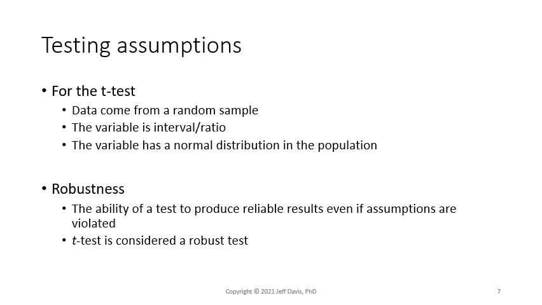So even though your data doesn't meet the assumptions of the test perfectly, maybe they get kind of close, or maybe one or two of the assumptions your data just doesn't quite meet at all, the t-test can still give you some reliable results.